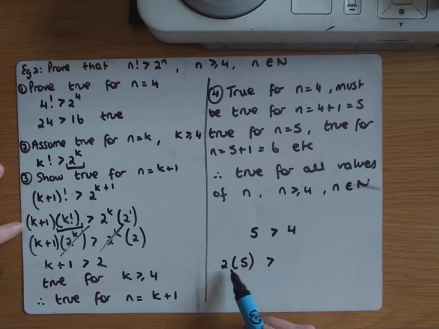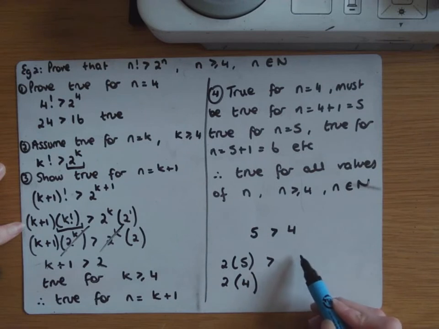Now down here, if I have 5, and I replace it with the 4, because 5 is greater than 4, I haven't actually changed anything on this side.